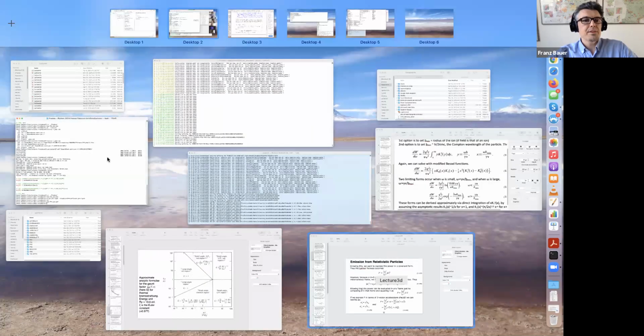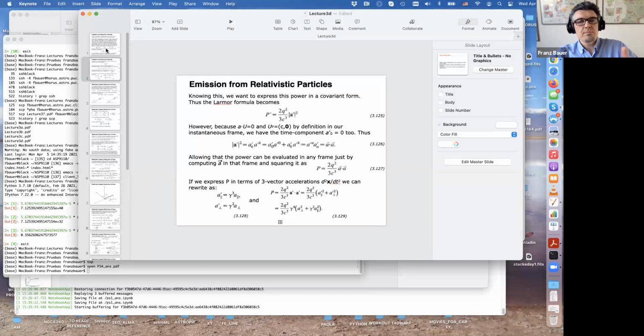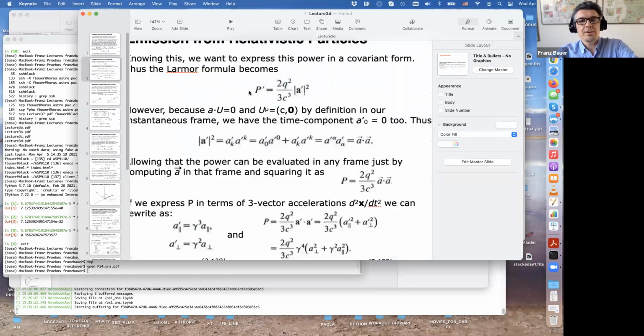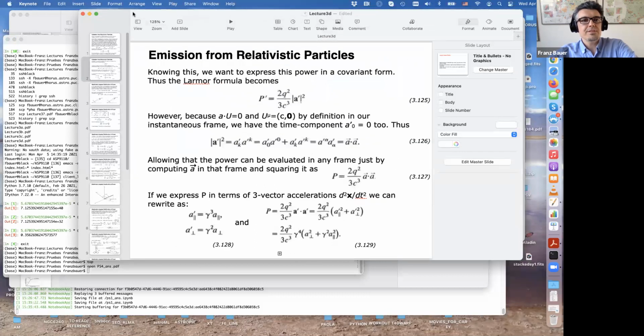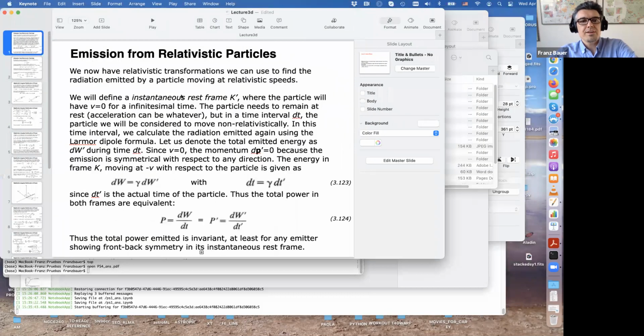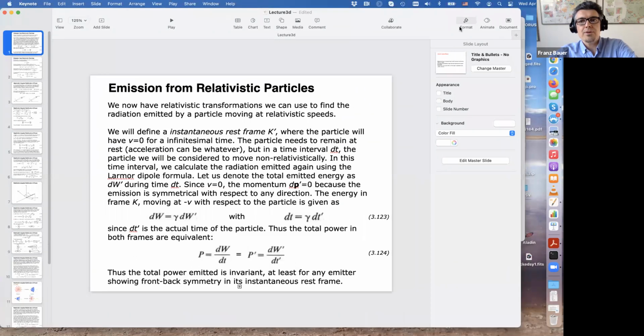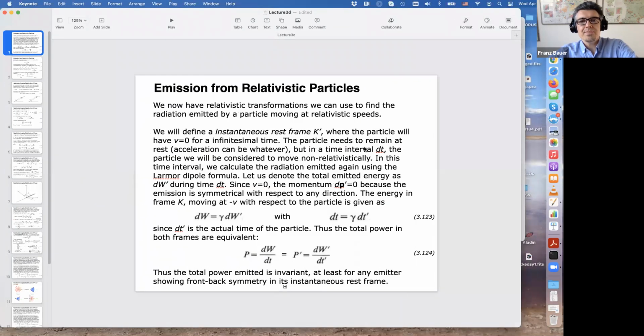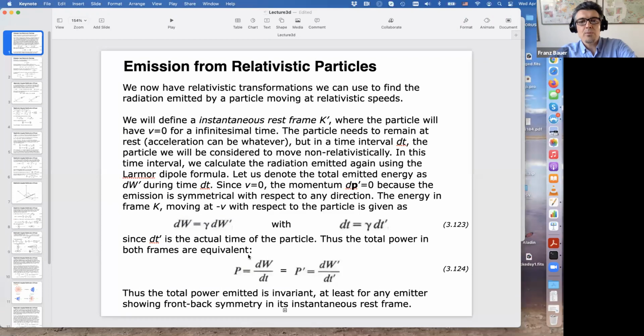Okay, so last lecture we started off with questions of how to pull out the power, and the fact that the power radiated in the K prime frame, the instantaneous rest frame, and the power emitted should be the same.